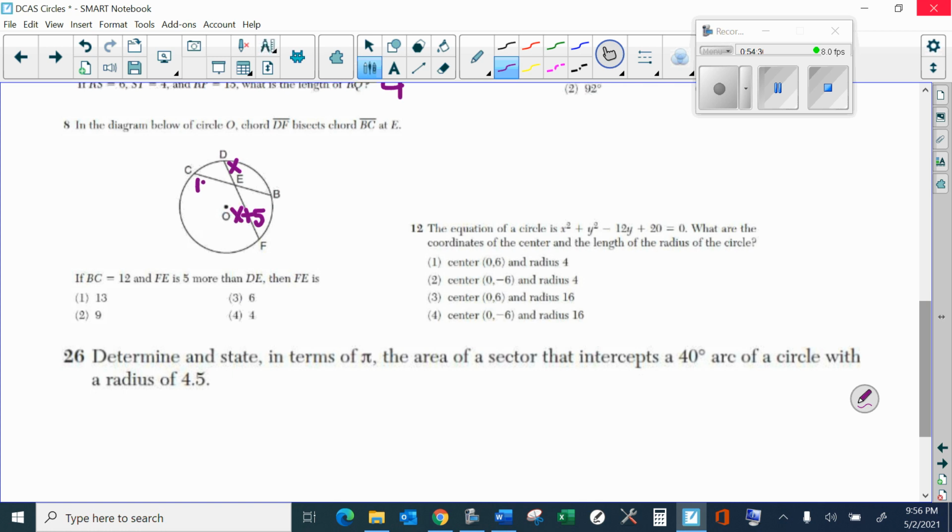This makes it 12 minus y. FE is 5 more than DE, x and x plus 5, then FE is what?